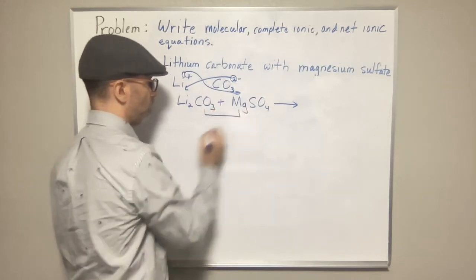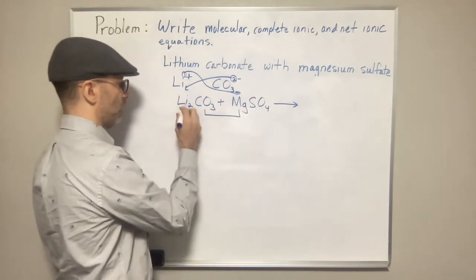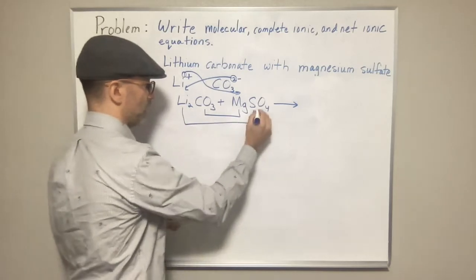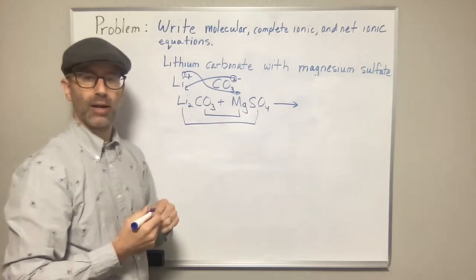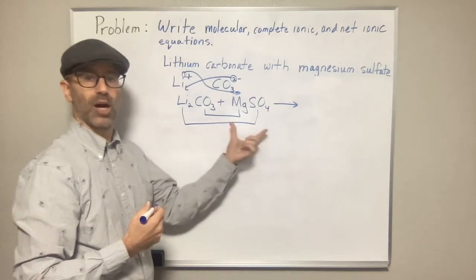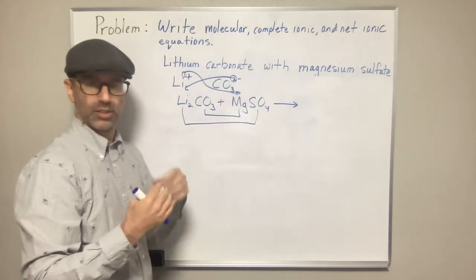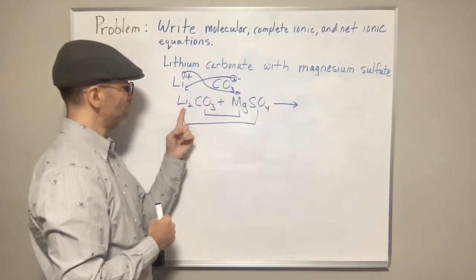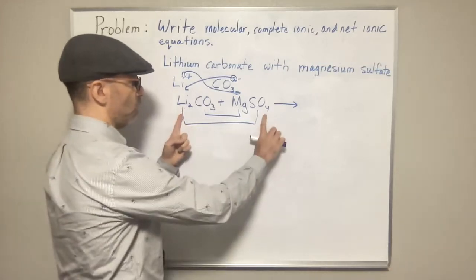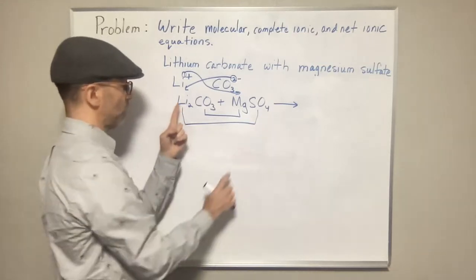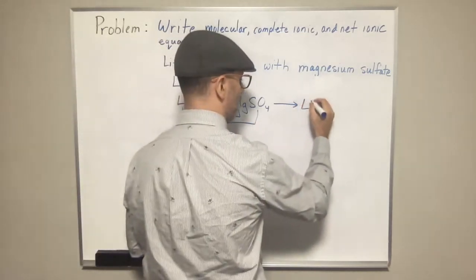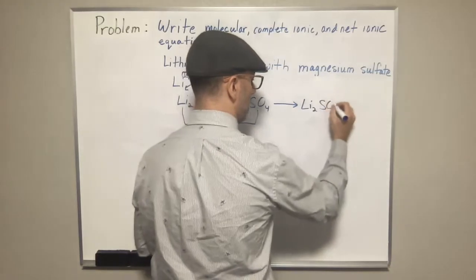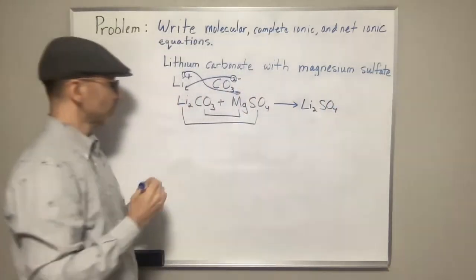So the carbonate ion and magnesium go together, and the lithium and sulfate ion go together. The way we form our product is the same way we formed our reactants. We balance the charge. Lithium has a +1, sulfate has a -2, so I'm going to need 2 lithiums to balance the charge. So it's going to be Li2SO4.